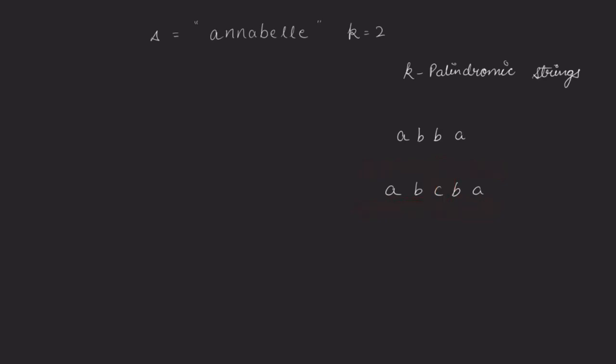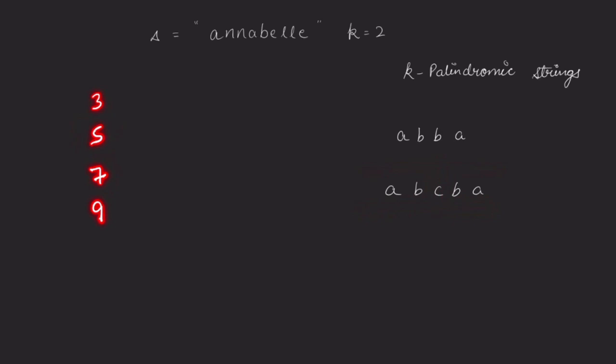So what did you understand? Whatever characters have even frequencies can always create a palindromic string. But if there is a character which has odd frequency, if I remove one, then it will become even. Odd means that it can be 3, 5, 7, or 9.